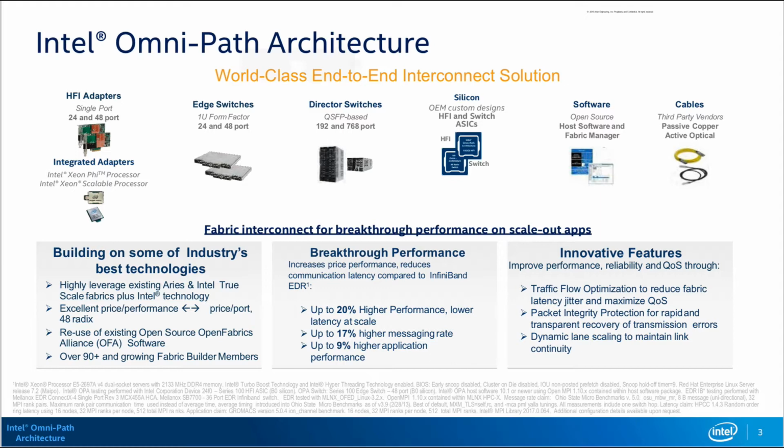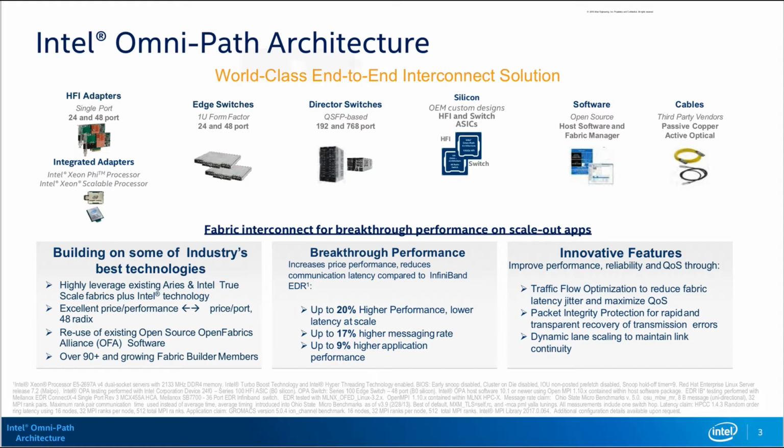So what we did with OmniPath is take those two key technologies and use key parts of them to basically build out OmniPath. And in addition, we added in some intellectual property from Intel to basically build a product line. And essentially, we're building on existing technologies and improving on those technologies. So a very stable product line right from the start.